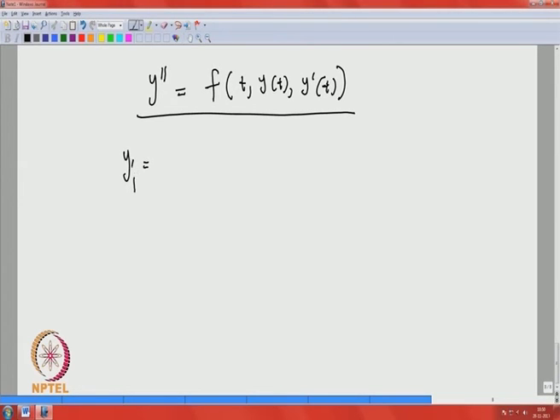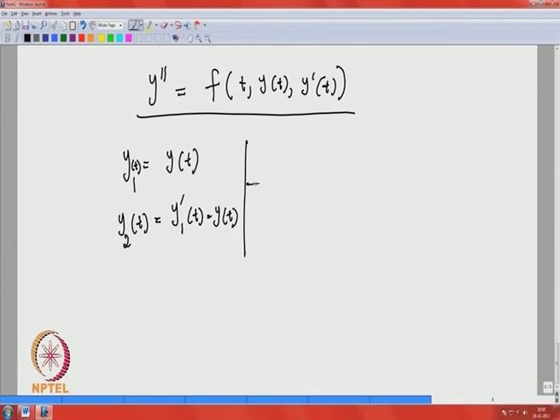So, I will put y1 of t equal to y of t, and I introduce another variable, so two dependent variables: y1, which is nothing but y, and y2, which is nothing but y prime of t.